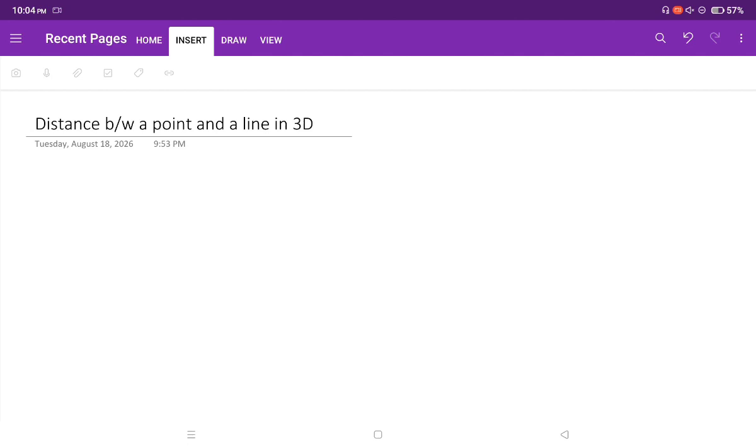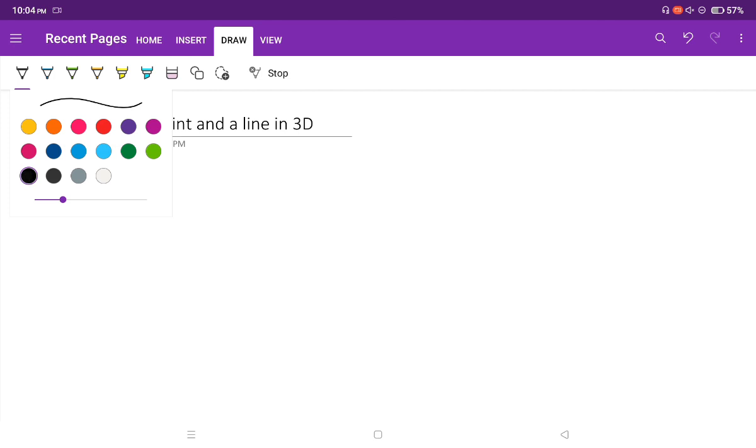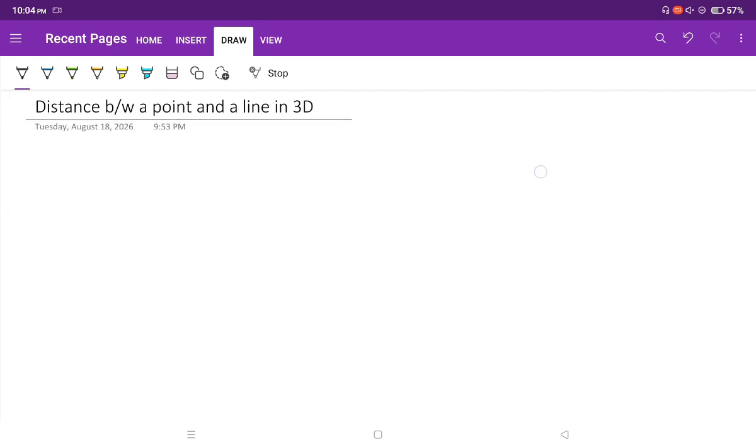Let's find out the distance between a point and a line in 3 dimensions. So we have a point, suppose this is the point A or say P, and this is a line in 3D. Let's say this is the line L, right?